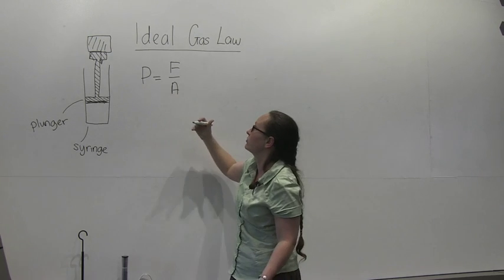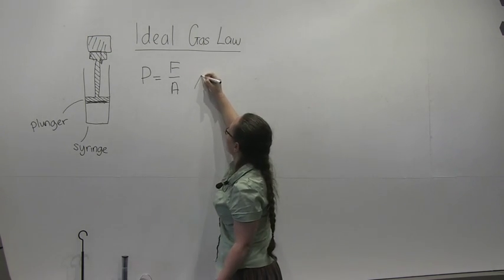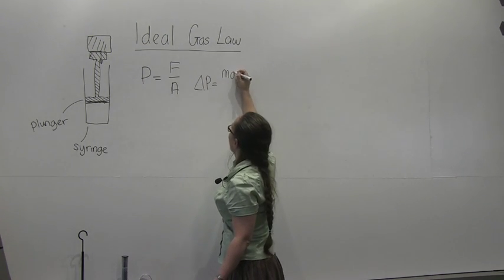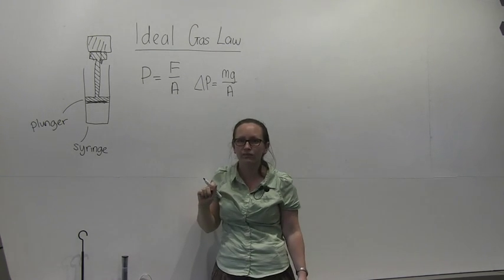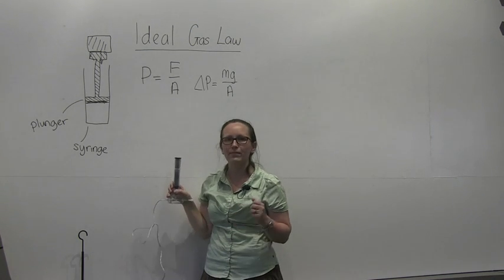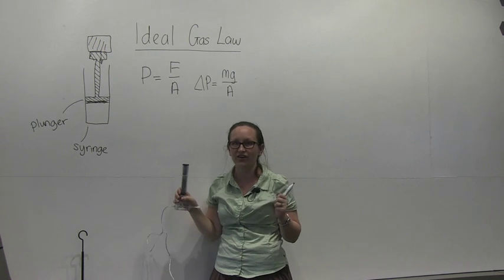So pressure equals force over area. In this case, the force is applied by the weights. So when you add weight, you'll get a change in pressure, and that'll equal mg on A, where A is the cross-sectional area. Now, one important thing to remember is that the lab is on Earth, so we've got atmospheric pressure acting on us.